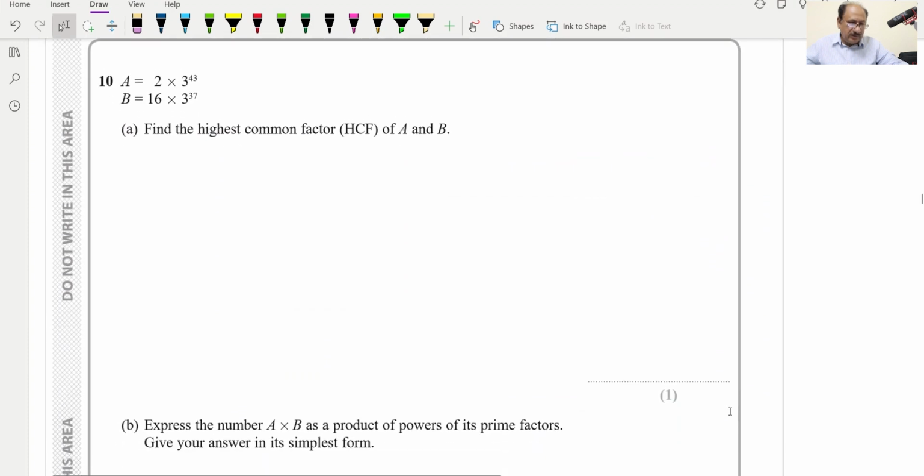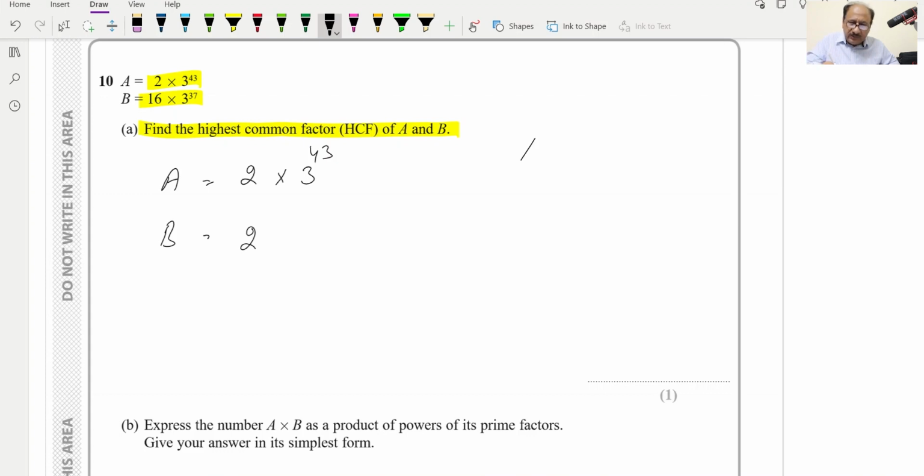Now question number 10. Question 10 says A and B are provided in this format. Find the highest common factor, HCF, of A and B. So what we can do, we can rewrite A as 2 into 3 raised to 43, and B we can write in 2 raised to power format.